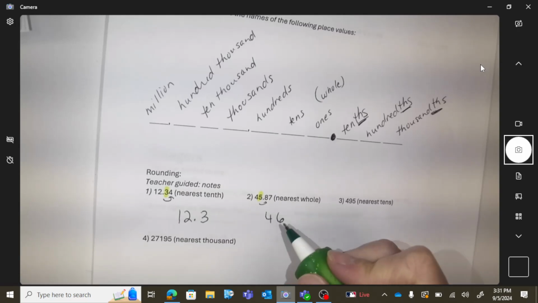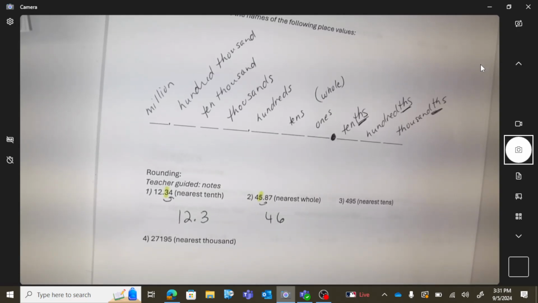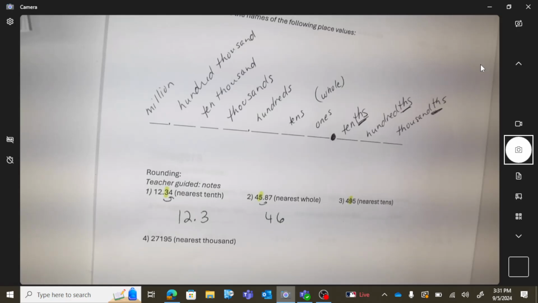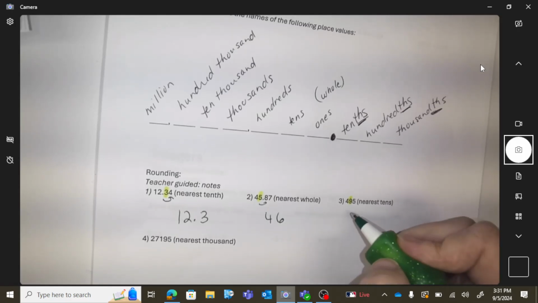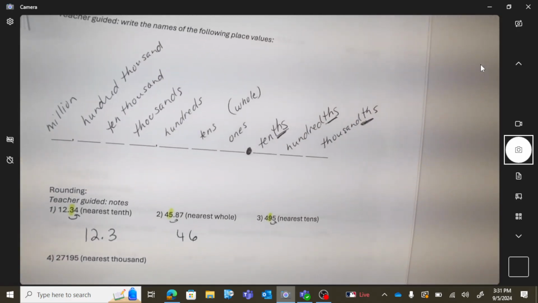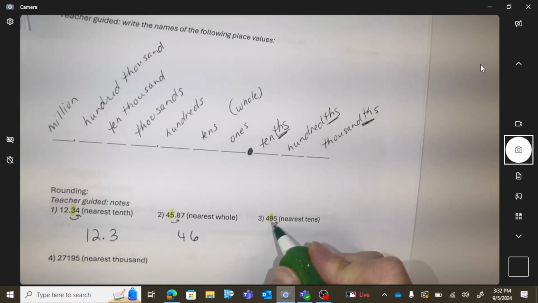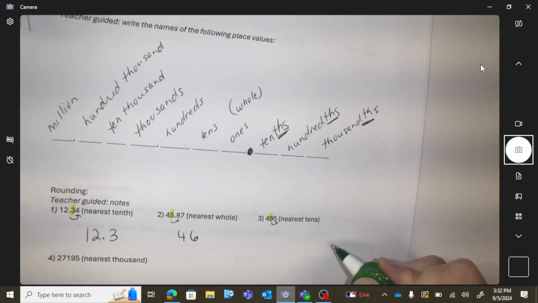So 46. The nearest tens, so identifying the tens is in the 9 spot. So I look after it. So again, if it's 5 or more, we have to go up. And this is, in fact, a move up. So moving up from 9 is 10.